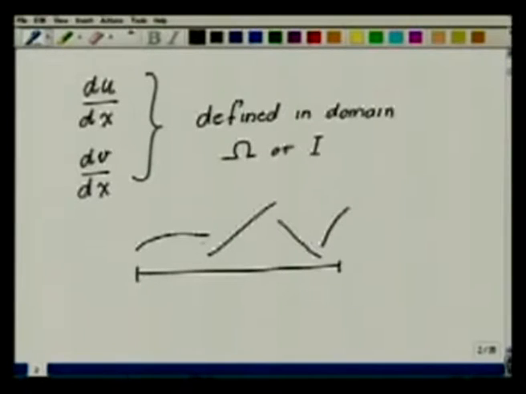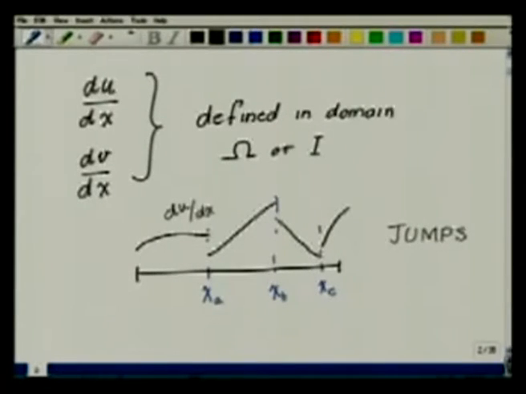That is, at particular points, say point xa, point xb, point xc, at these particular points, the derivatives can have jumps. I am writing it as du dx, dv dx.